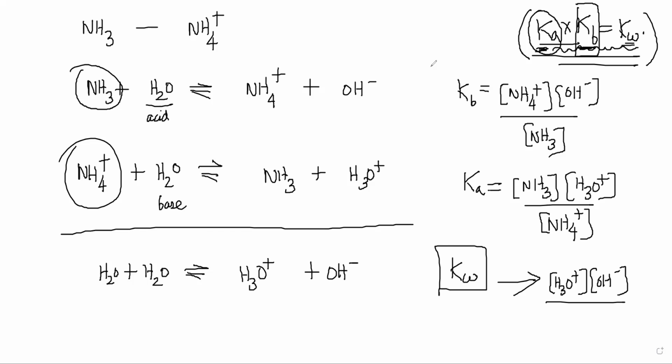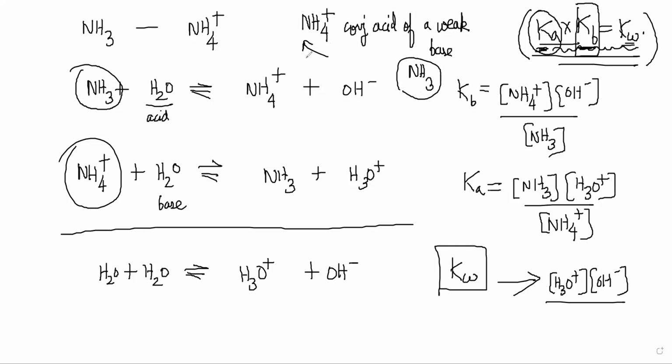Similarly, NH4+ was the conjugate acid of a weak base called ammonia, and the conjugate acid of a weak base will be fairly strong. So this makes the solution acidic for NH4Cl.